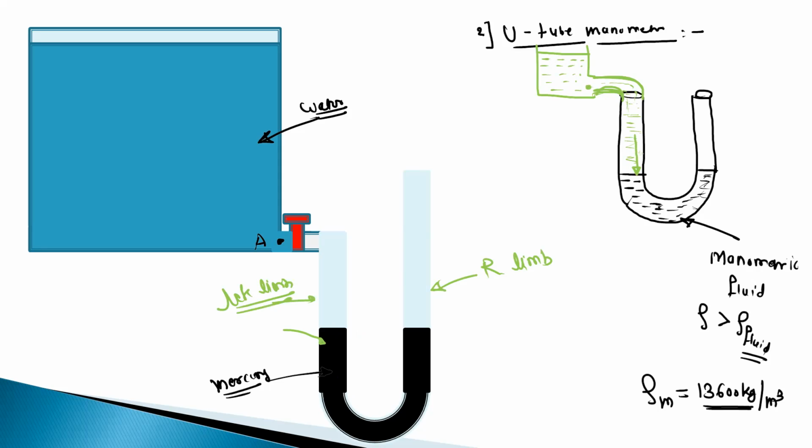You can see, when we open this valve, water will flow in the U-tube manometer and it will apply the pressure. Therefore you can see the rise of the mercury level. The mercury level will rise in the right limb, and it will achieve some equilibrium after a specific displacement.